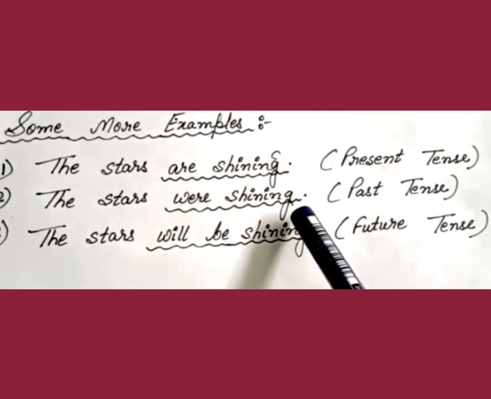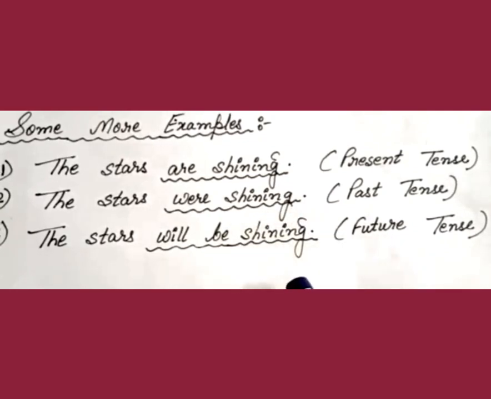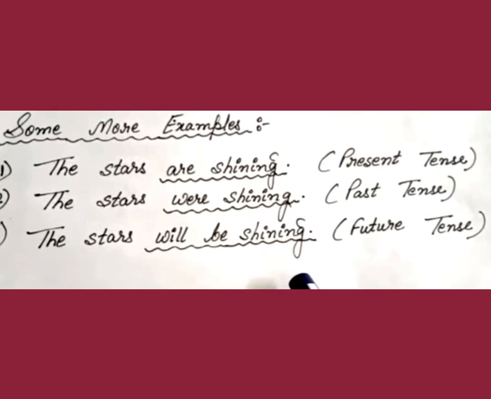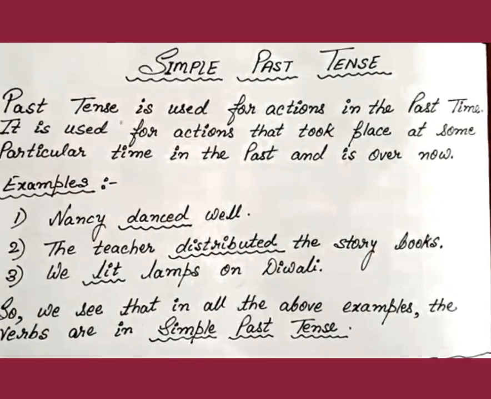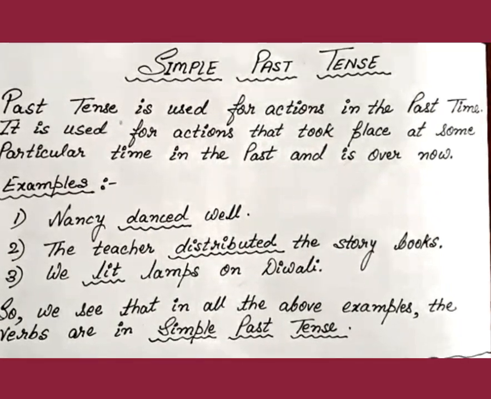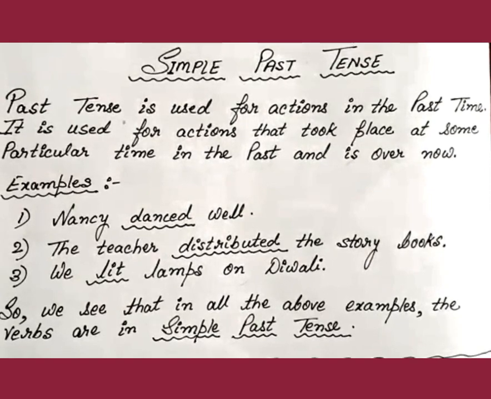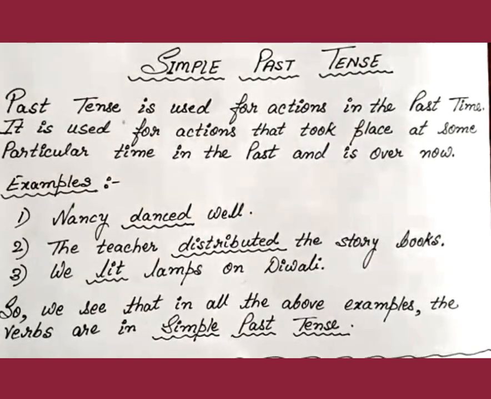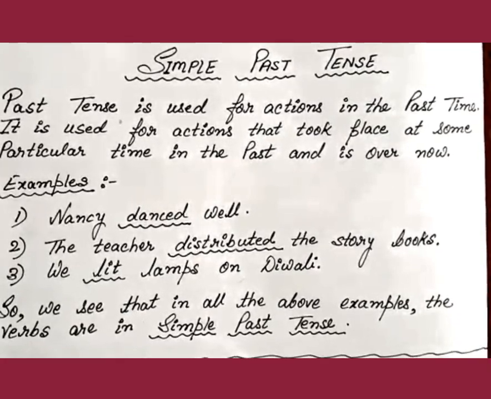And the third one, the stars will be shining, here the action that is being referred to belongs to the future tense. Now, since all the three tenses have been introduced to you, namely simple past tense, simple present tense, and simple future tense, we are going to learn each of these tenses in detail.